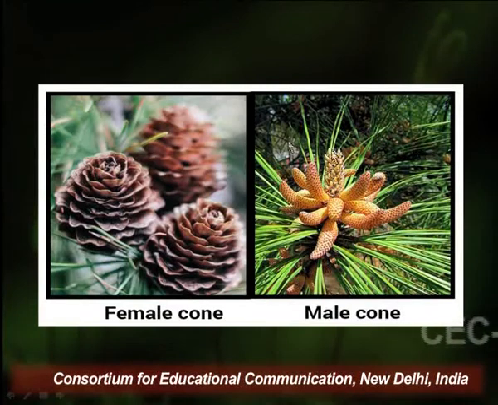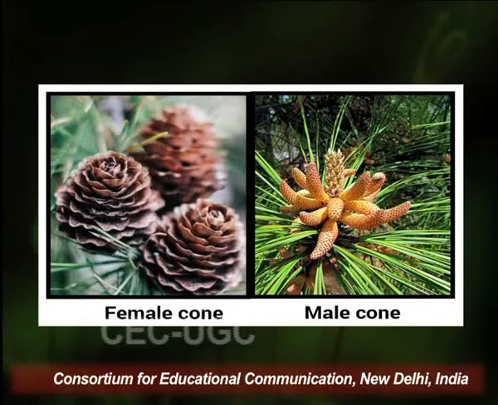You can see with the help of this diagram that a female cone is broad, while the male cones happen to be small, and they are borne in multiple numbers in clusters.